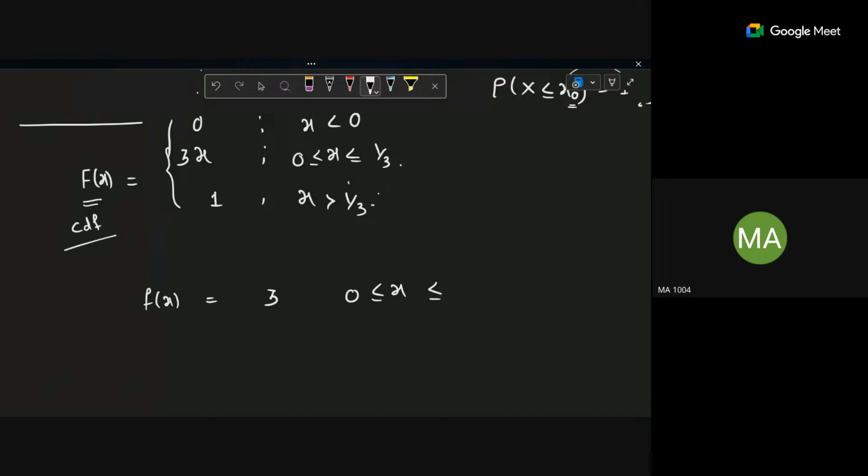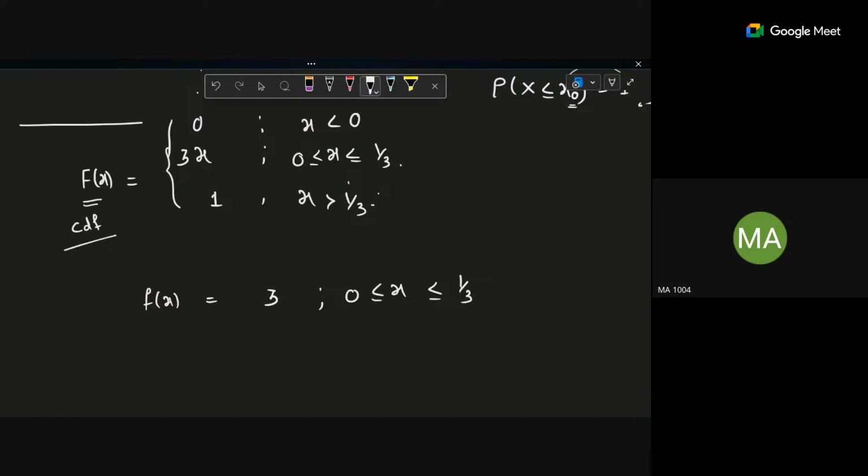It's 3, right? But just consider this one also. And x is a continuous random variable. This PDF is 0.5. How? I just did a derivative of 3x in that range.